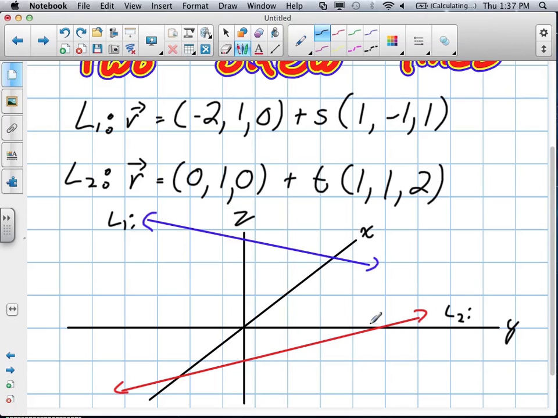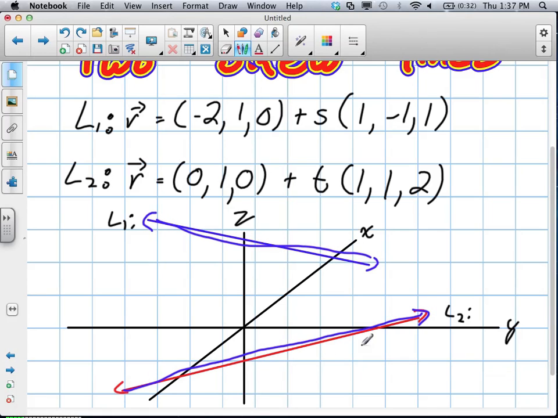So, to get this idea, we need two vectors to find a plane, right? We know that this vector here, or line 1, will never touch this vector here. So, we're going to talk about the direction vectors. Our line 1 had a direction vector, or an equation.